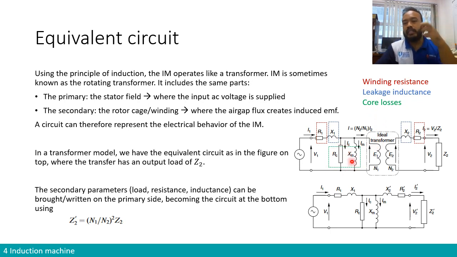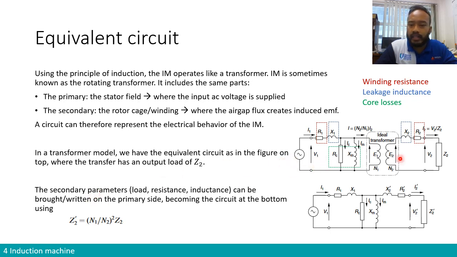So that is the nature of material. If you have an AC current in it, it will create what we call eddy current and what we call hysteresis losses. So it's related to the material characteristic of the core material, so the core of your machine. If you have an AC current through it, there is this kind of losses. So this is quantified by the RC and XM of the magnetizing circuit.